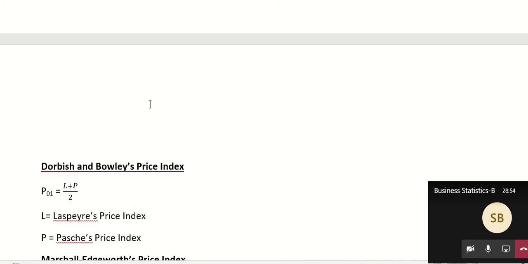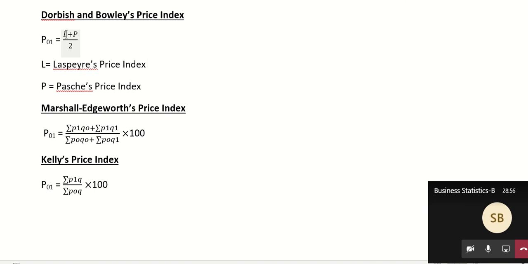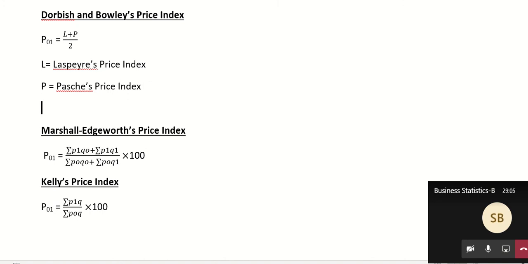So what we have to do in Drobisch and Bowley's method is L plus P divided by 2, right? So here I am just applying this formula.